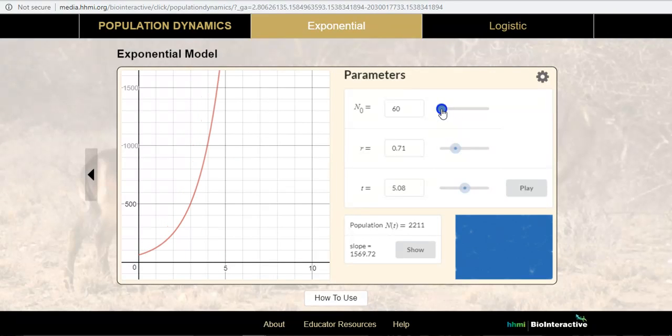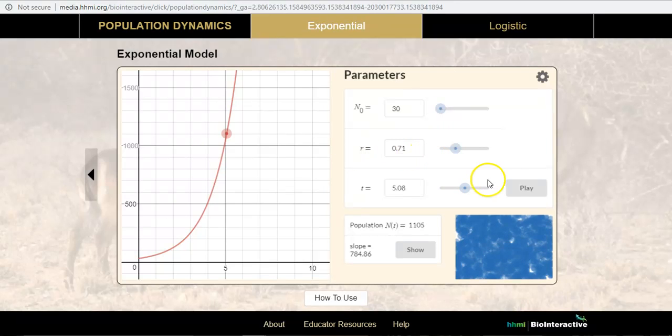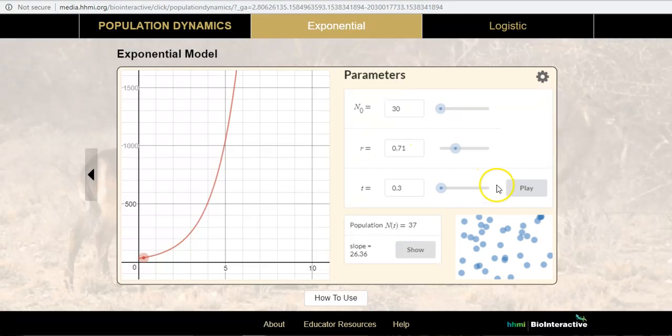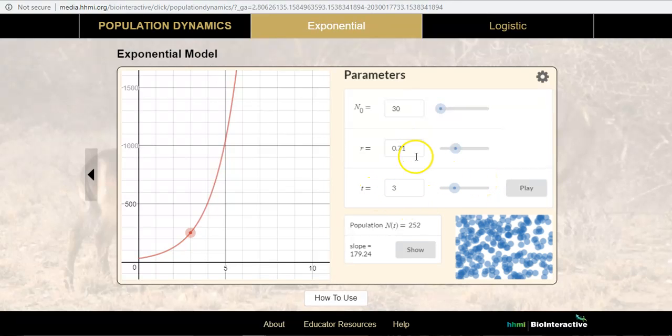So again, if I change this, I can then ask my kids to start at 30 and say at year 3, what is the population? So they just need to play it out or move it to year 3. They can type it in, and it'll tell them what the population is. So they can go over here and figure out, based on their scale, what the population is. Or they can just look right here, 252.